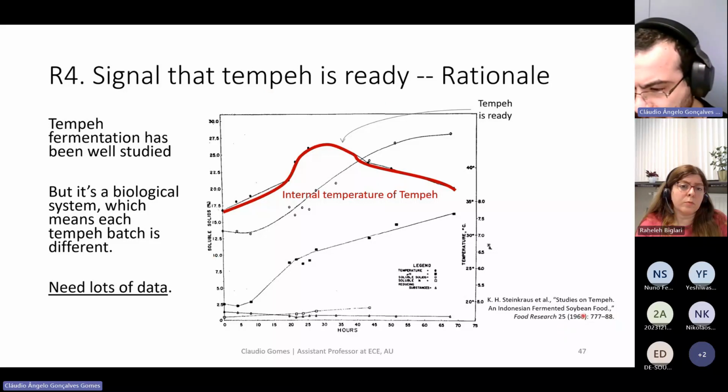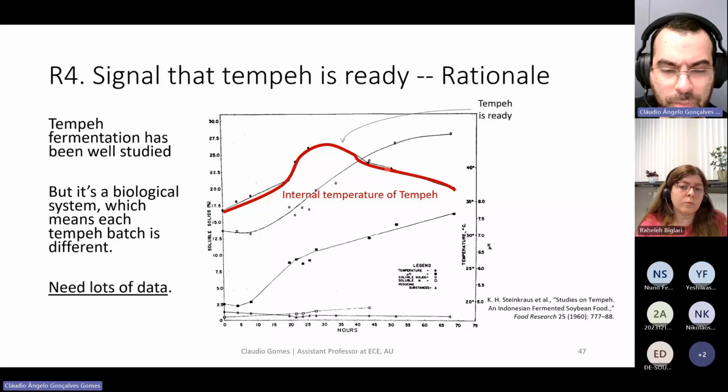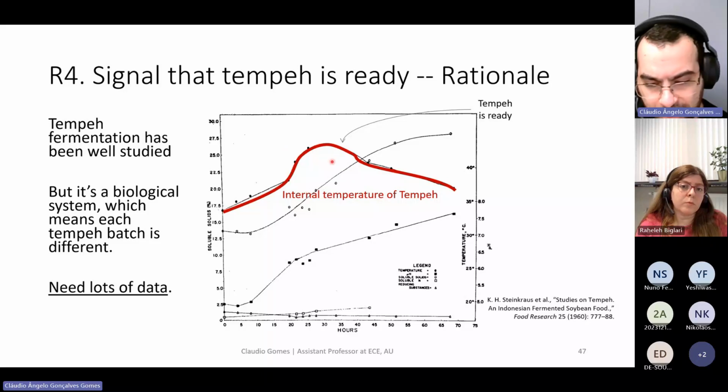Research was published in the 60s and 70s, showing multiple experiments in the lab by a guy who really wanted to spend some time in Indonesia, but he was from New York. He showed that on average the temperature of the tempeh follows this curve. His results say that after about 35 hours there is a temperature peak, and shortly after that the tempeh is ready.